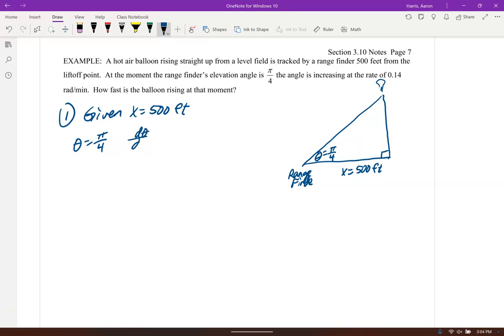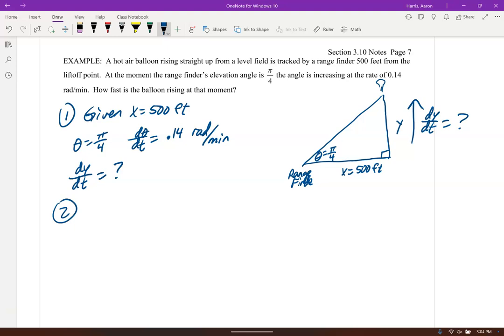So d theta/dt, the angle is increasing at 0.14 radians per minute. How fast is the balloon rising? Let's call this y. So how fast is that rising? dy/dt would be what? All right, this balloon's going up, so what's dy/dt is the question, right?